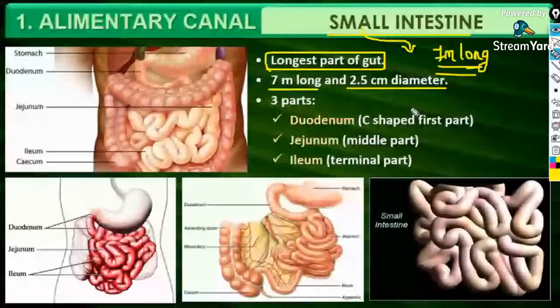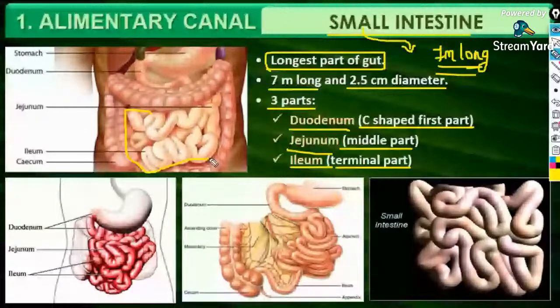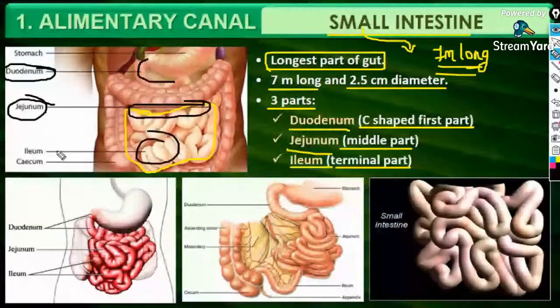It has 3 main parts: the duodenum, which is the C-shaped first part, the jejunum, which is the middle part, and the ileum, the terminal part. So guys, this structure is the small intestine. In the small intestine, you will have the C-shaped portion from the stomach, and the terminal part you will call the ileum.